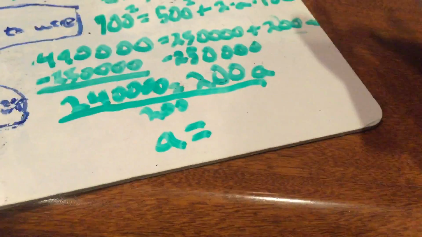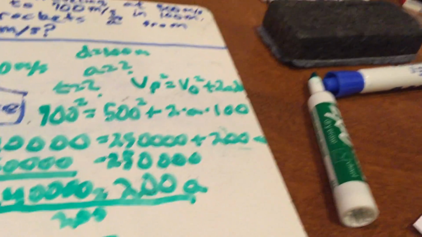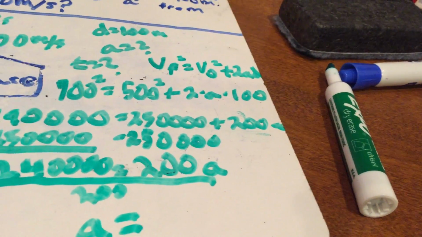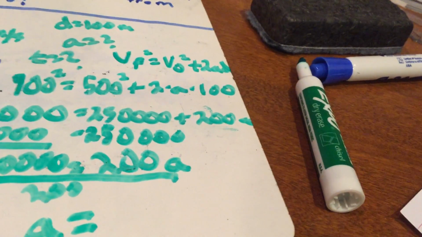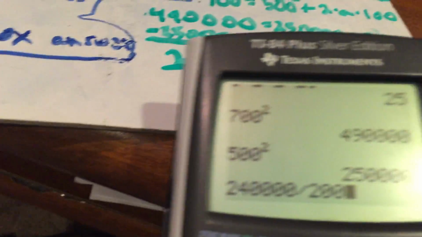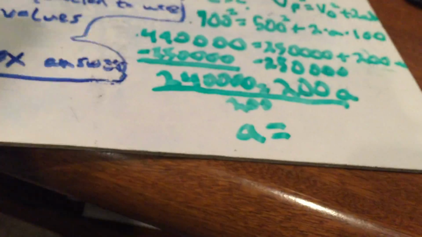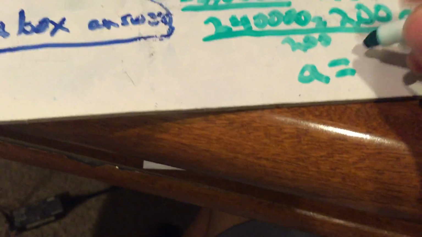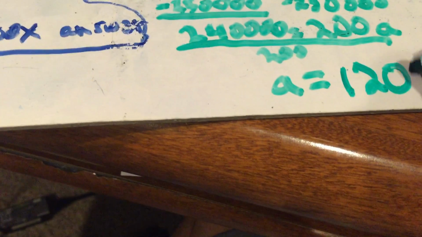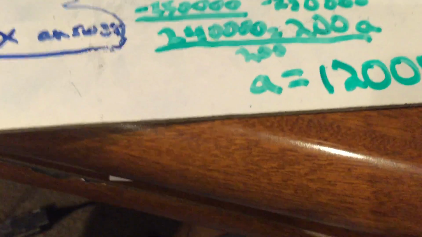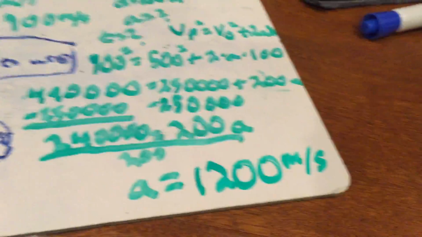Then we get 1,200. And we can never have naked numbers, so we have got to put some labels on it. And there you have it.